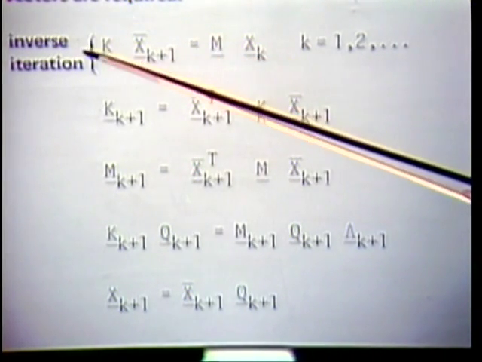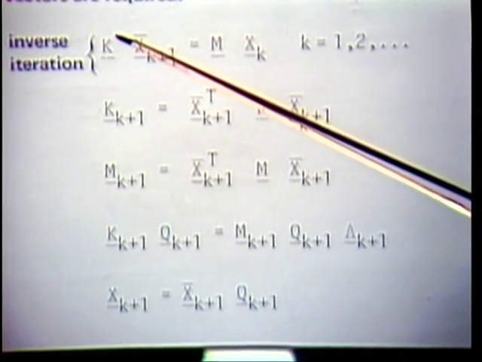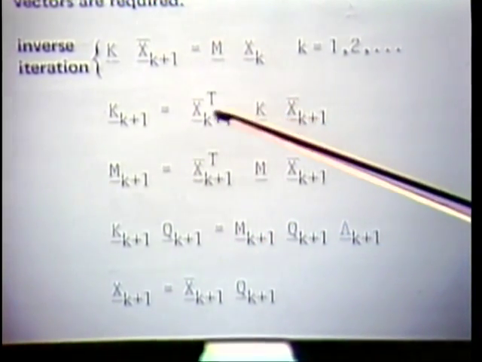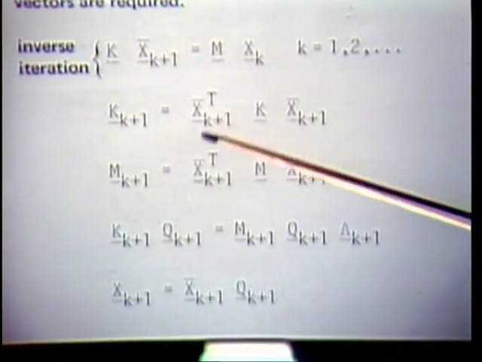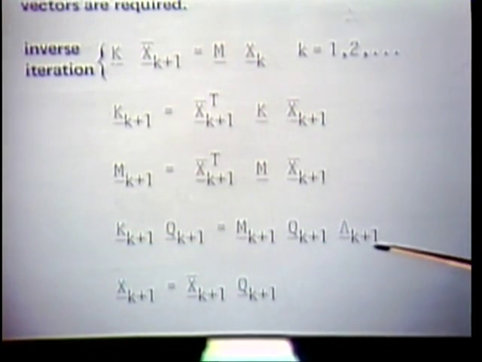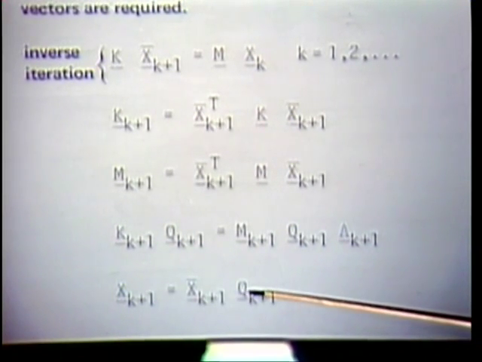Of course, here we are using our solution algorithm for static analysis. There's an LDL transpose factorization involved here. And here, this is a simple matrix multiplication that has to be carried out. This part here is the eigenproblem solution, and there's another vector multiplication carried out here.